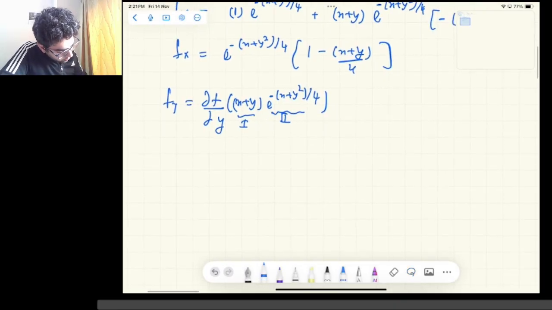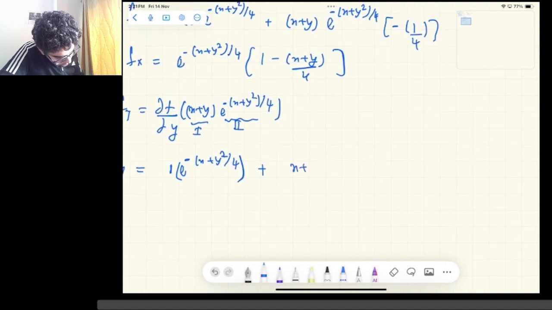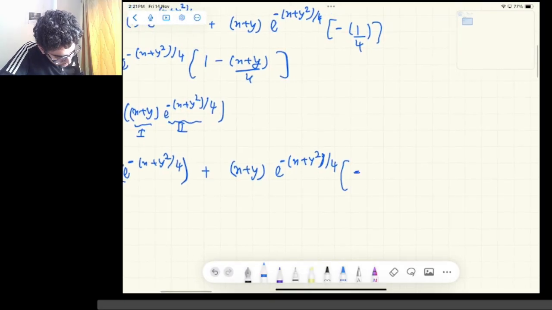So if I now perform a very basic differentiation, I'll be getting 1 into e to the power minus (x plus y) square divided by 4, and now I'll be getting x plus y into e to the power minus (x plus y) square divided by 4 into minus, now the first order derivative of y square is 2y, so minus 2y by 4 is what I'll be getting.